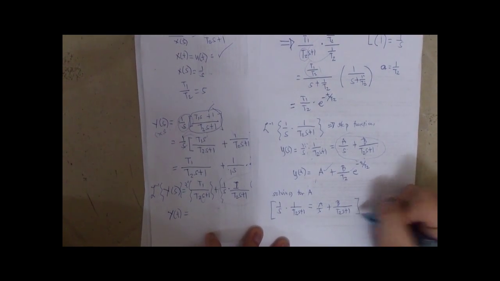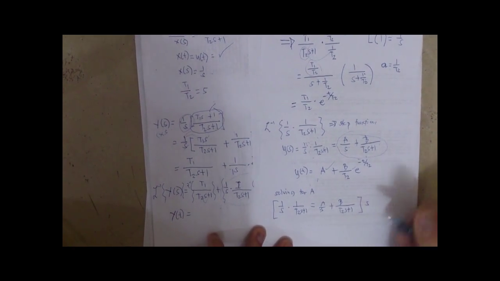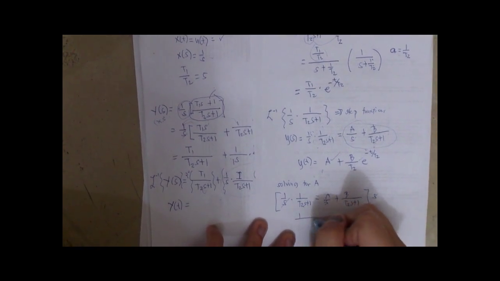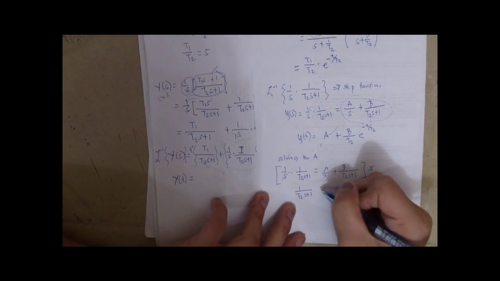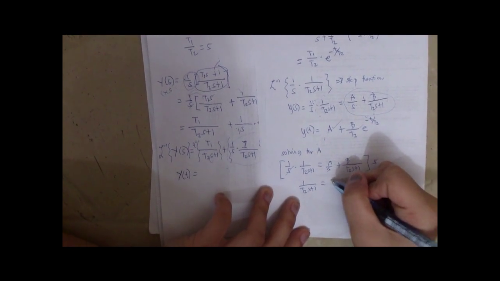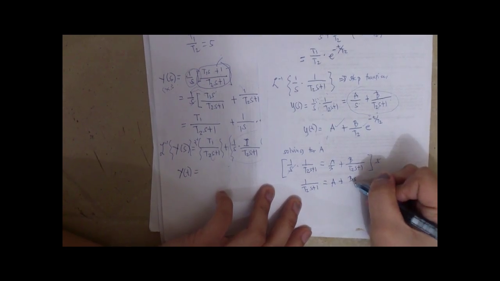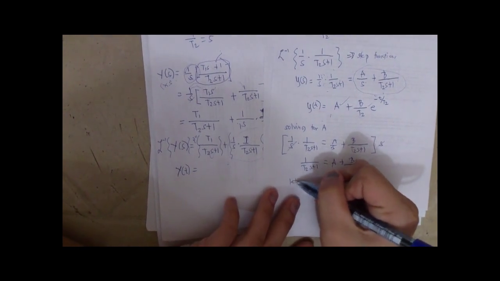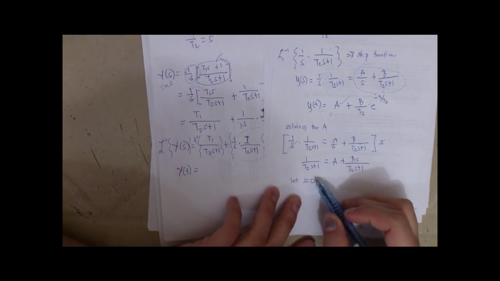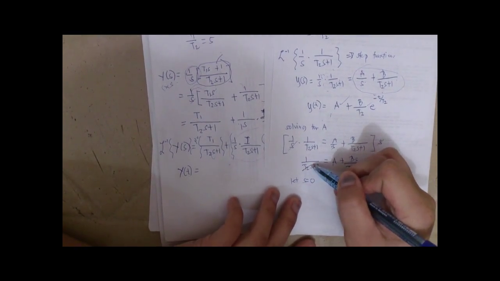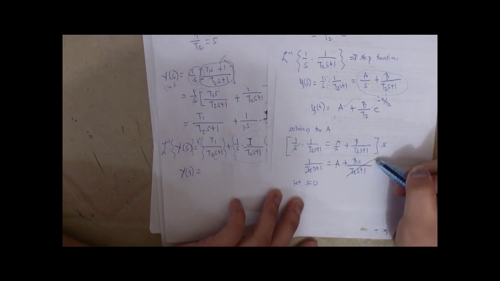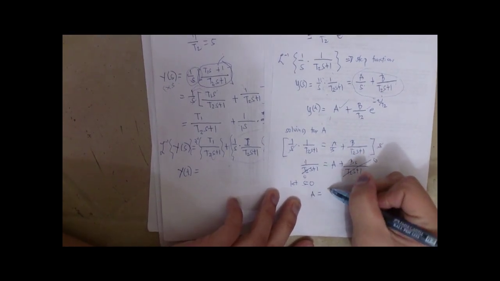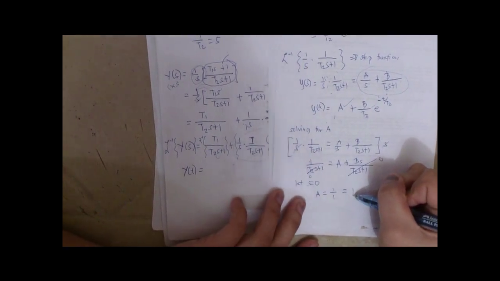Multiply by s so that only A remains: 1 over (T2 s plus 1) equals A plus B s over (T2 s plus 1). Now let s equal 0, so the B term becomes 0. What remains is A equals 1 over 1, or A equals 1.